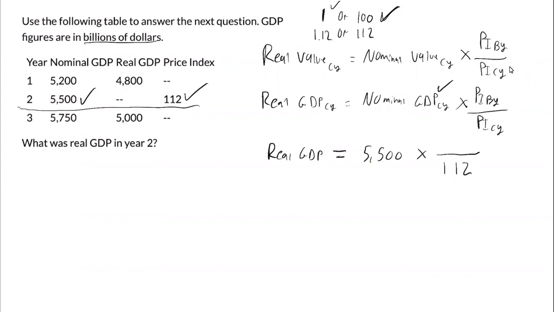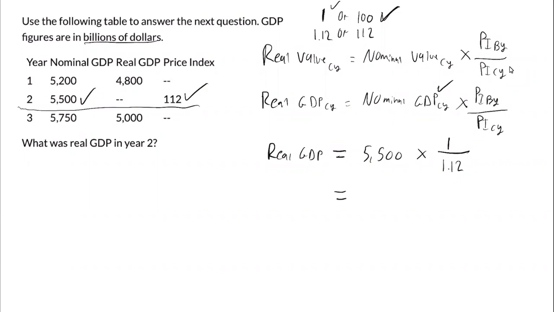So you can either write it as 100 divided by 112, or as 1 divided by 1.12. Make sure you're consistent with it. If not, you're going to get some weird numbers. We'll just keep it at 1 divided by 1.12.